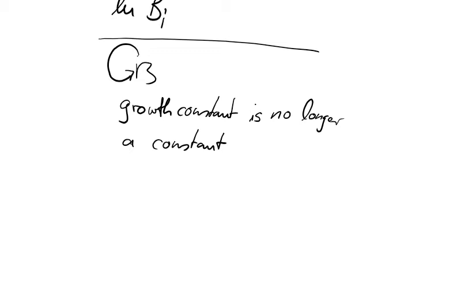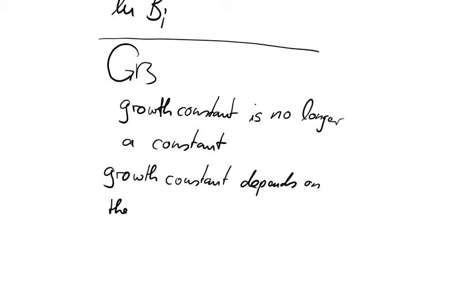In this case, growth constant, or I should say, well, sometimes it's called growth rate, but it's not the right thing. Growth constant depends on the population, in this case, B. So if they start dying, it's no longer a growth constant. The constant becomes a variable, which is a bit weird. Why is it called constant? Well, because it is still our R.